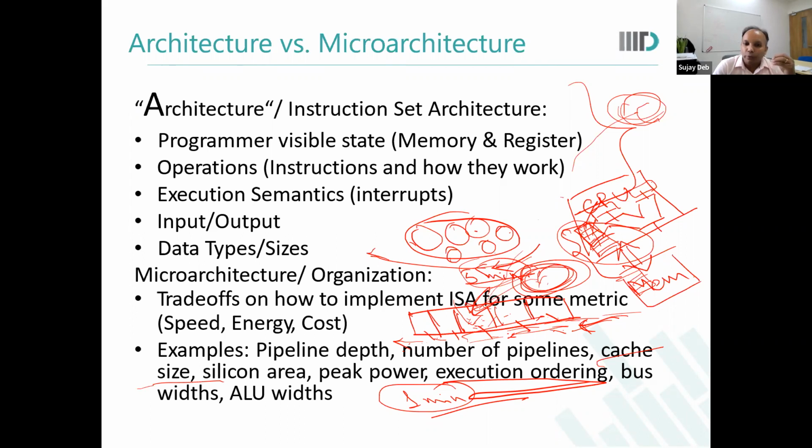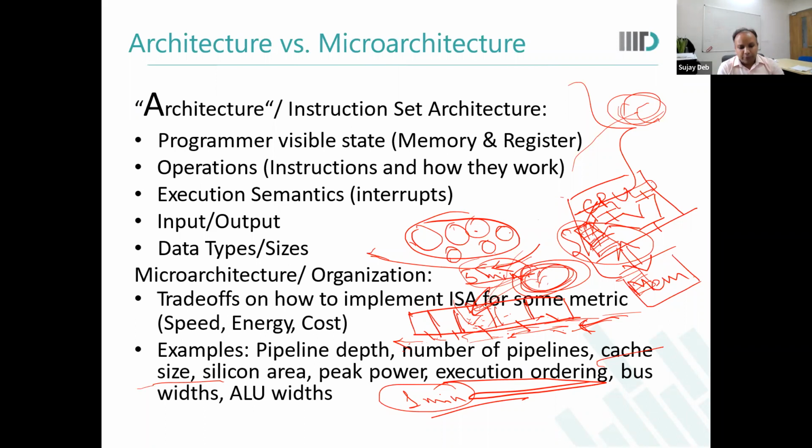So you focus on speed primarily. And at that time your design decisions will be very much influenced by those things.